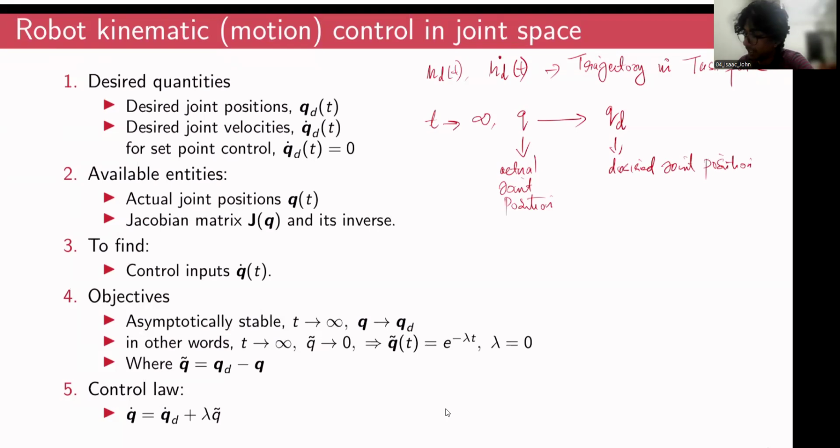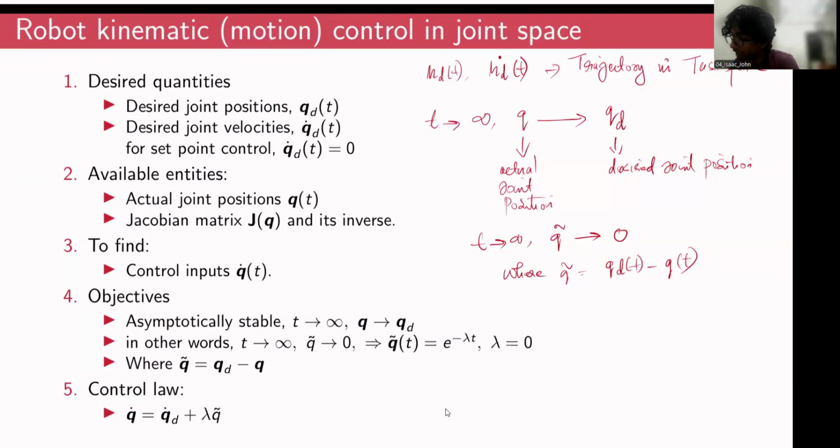Or in another way, as time t tends to infinity, q tilde should tend to 0, where q tilde is the difference between q desired of t and q actual of t. Right? The error between the desired and the actual trajectory should tend to 0 as time tends to infinity.